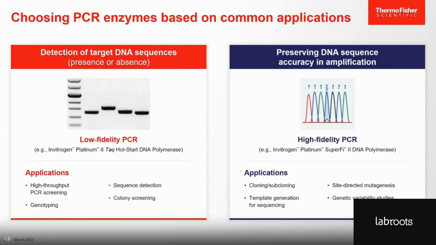Now, high-fidelity PCR preserves DNA sequence accuracy and is recommended for applications like cloning and subcloning, template generation for sequencing, mutagenesis experiments, and genetic variability studies. Platinum SuperFi II, which we'll cover more later, is an example of a high-fidelity PCR enzyme.